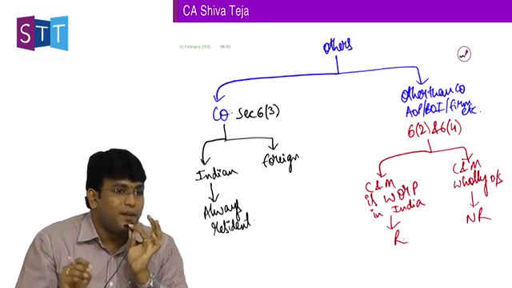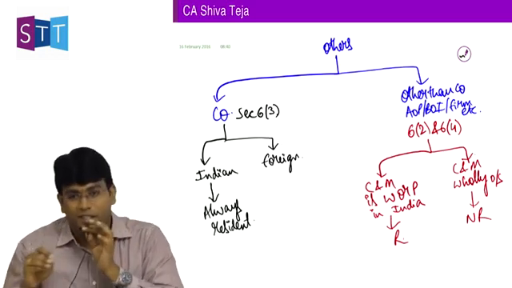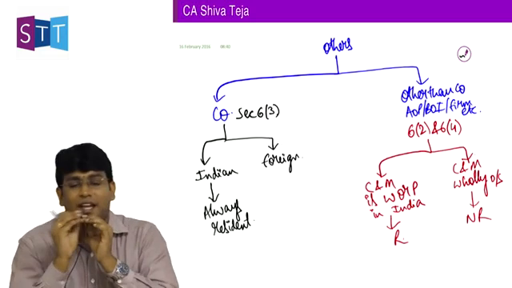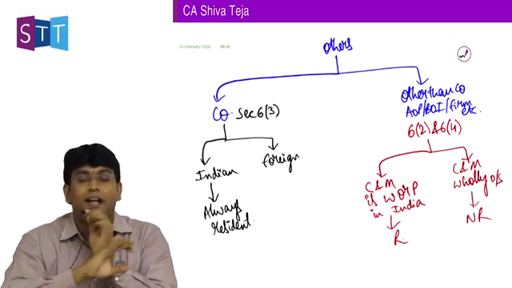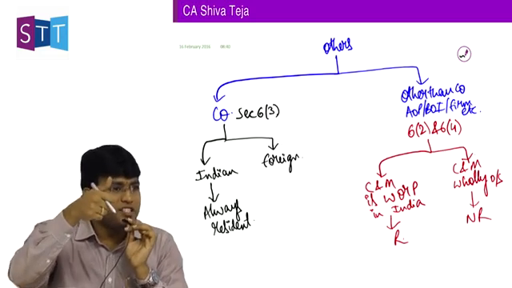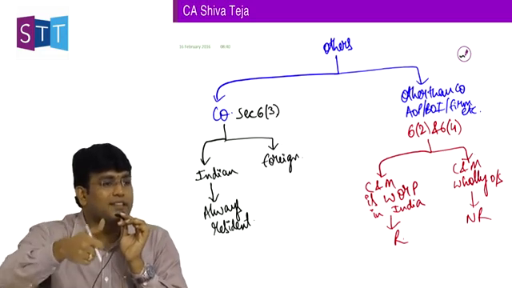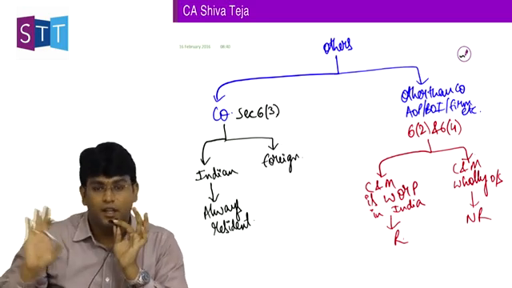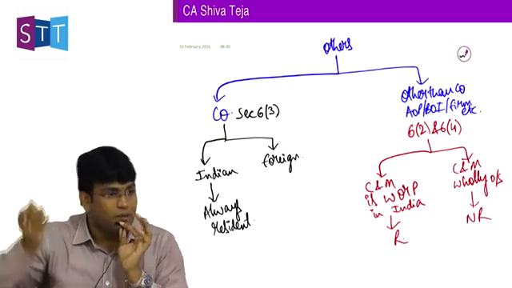We are least concerned about where the activity is done, who is controlling, who is managing, who is directing, who is undertaking. If it is registered in India, it is always resident. Indian company means a company registered in India as per Companies Act 2013, not 1956. Please, we already passed 1956 long back.